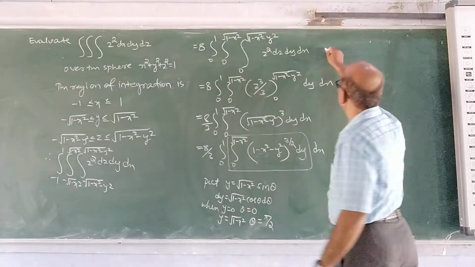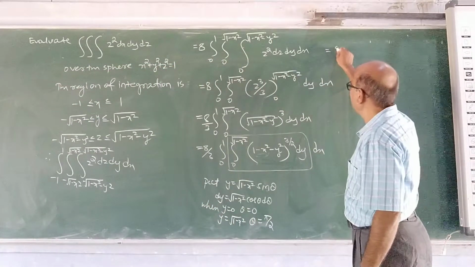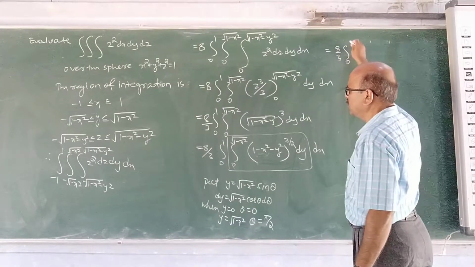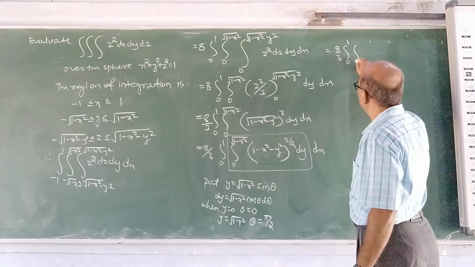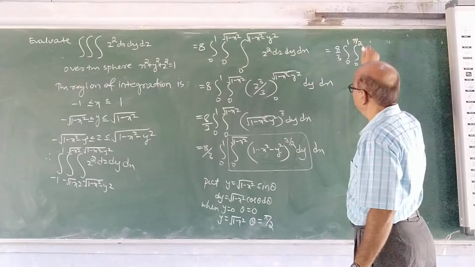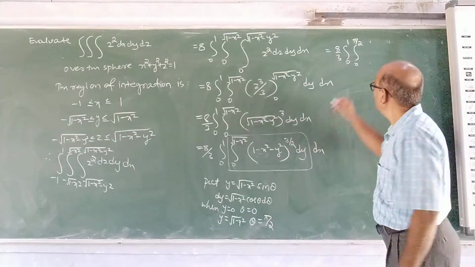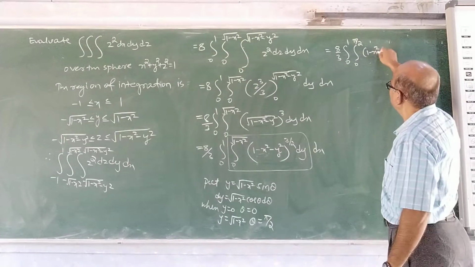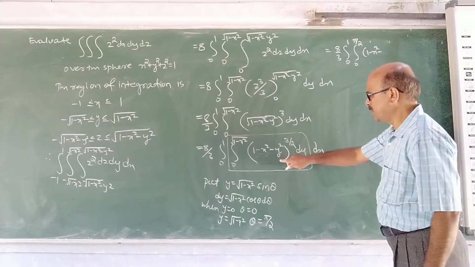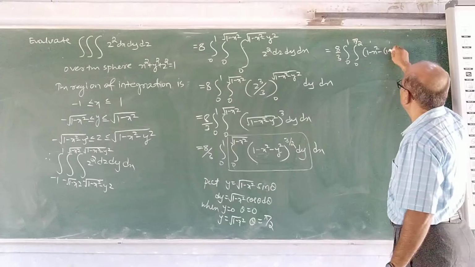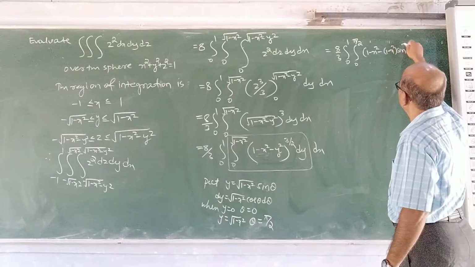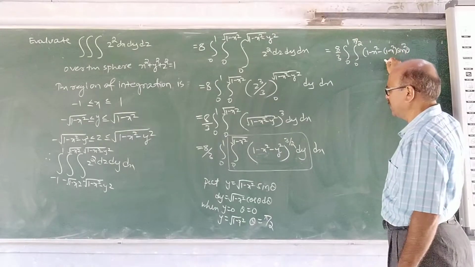Therefore it is 8 by 3, integral 0 to 1, 0 to pi by 2, 1 minus x square minus, what is y square? 1 minus x square sin square theta. What is dy?